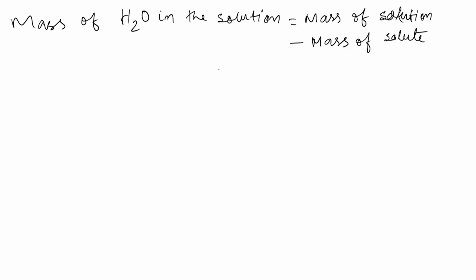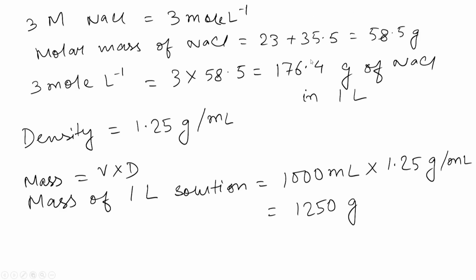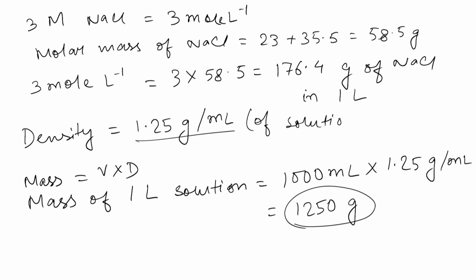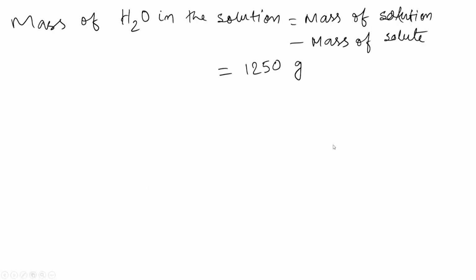So mass of water is 1250 grams, this is the mass of the solution, right? Because the density of the solution was given. So 1250 grams minus mass of sodium chloride present here, 176.4 grams. So mass of water is 1073.6 grams.